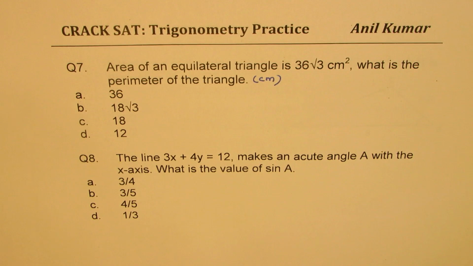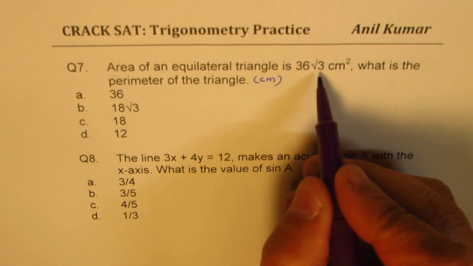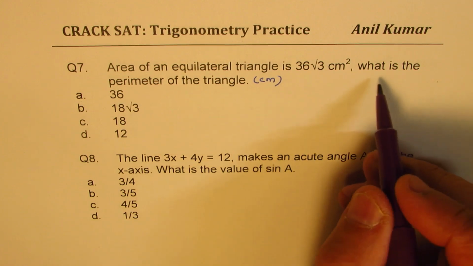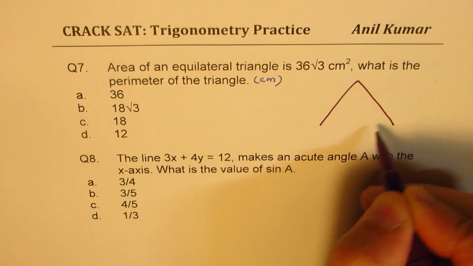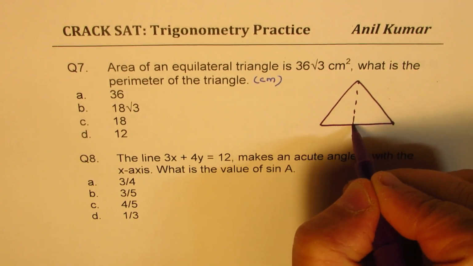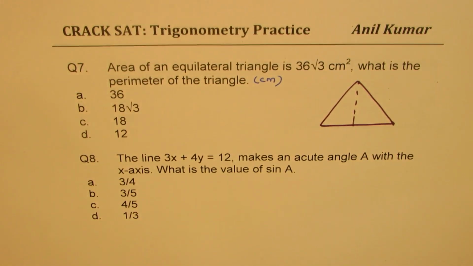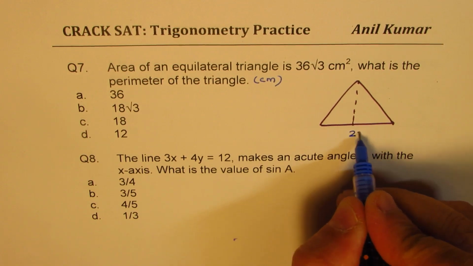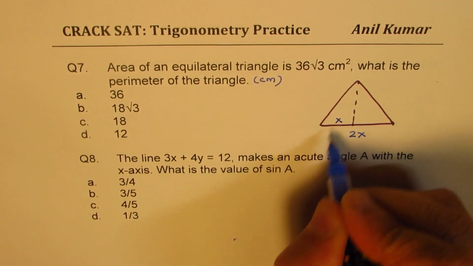Question number 7. The area of an equilateral triangle is 36 square root 3. What is the perimeter of the triangle? Now, in any equilateral triangle, since we have been doing 30, 60, 90, that is your 30, 60. So what we can do here is take each side as 2x, which means half of it is x.